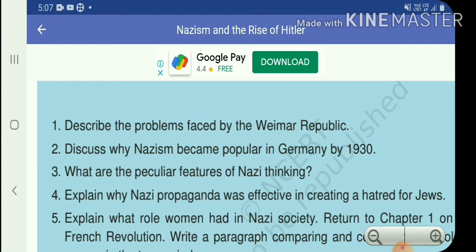Answer: the defeat of Imperial Germany at the hands of the Allied powers in World War I led to the abdication of Emperor William II. This gave an opportunity to parliamentary parties to recast the German polity.